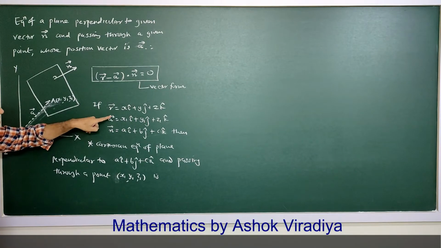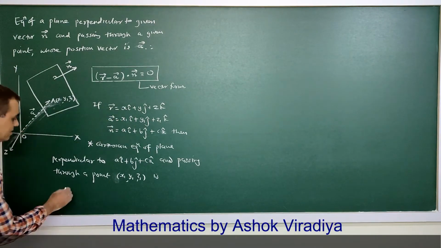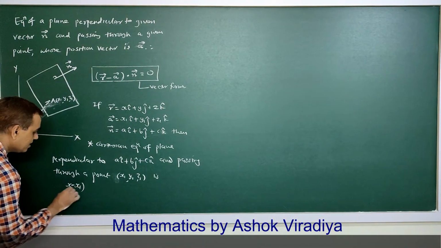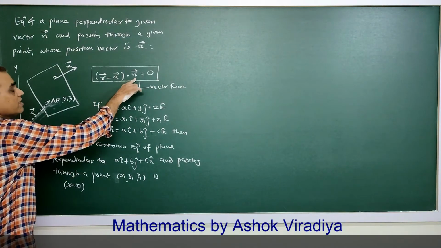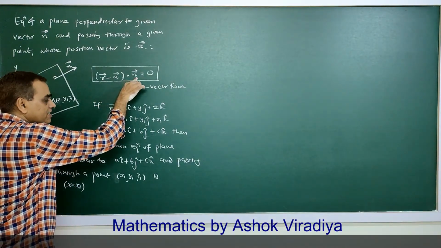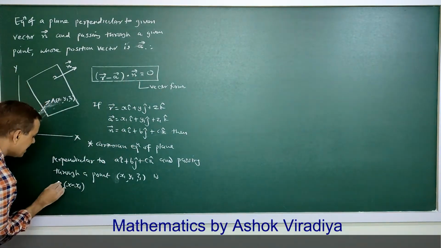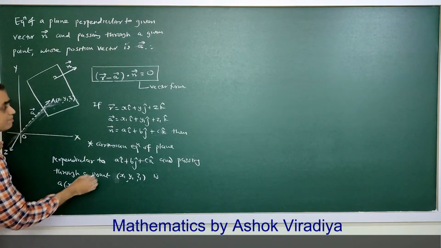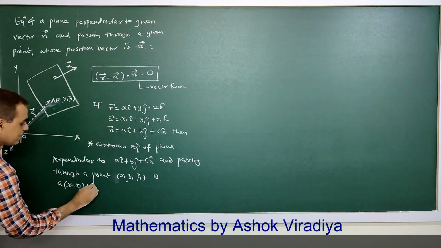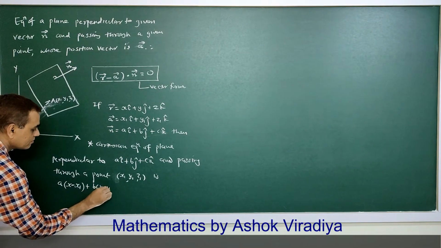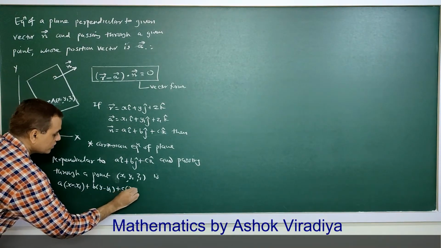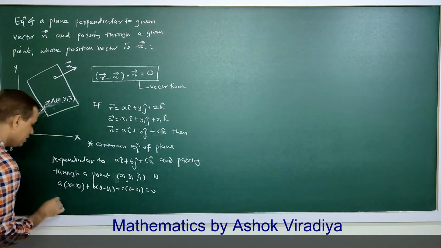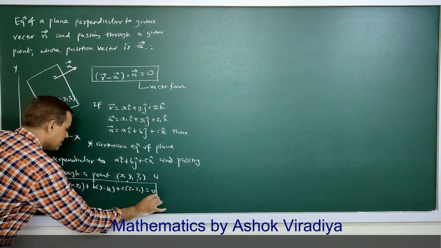So r minus a, that is x minus x1, into, dot product is with n, that is a, so a into x minus x1 plus b into y minus y1 plus c into z minus z1 equal to 0. So this is Cartesian equation.